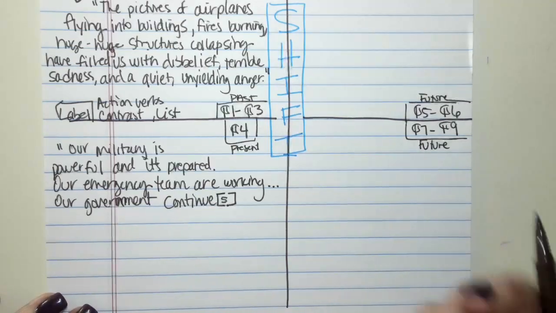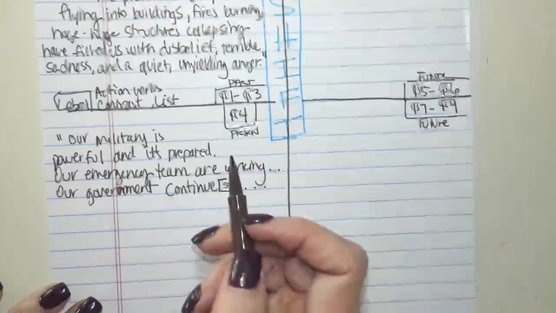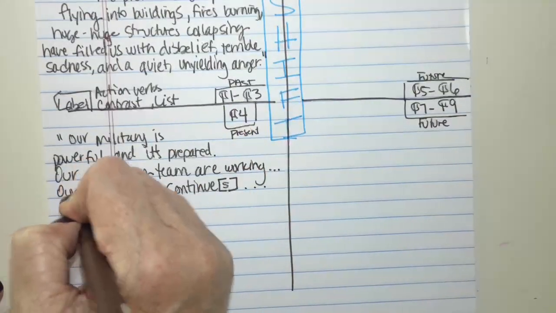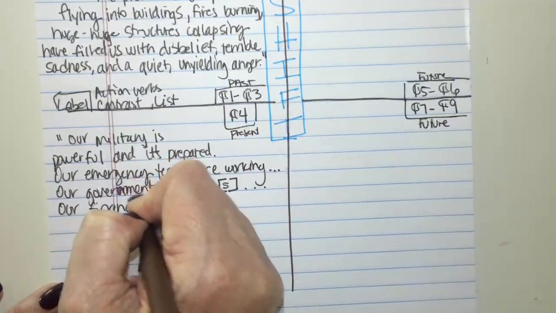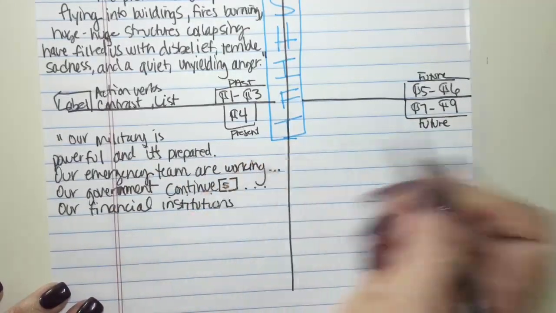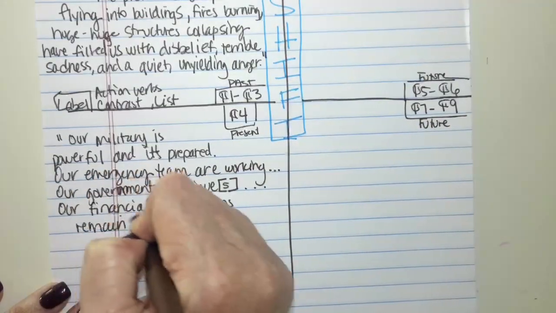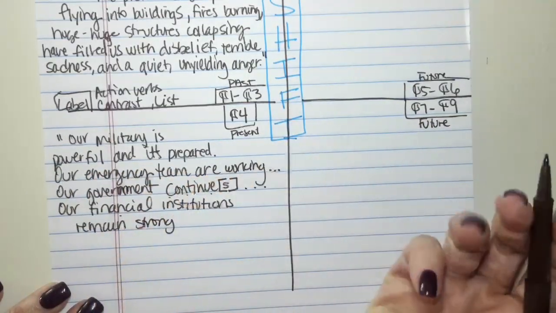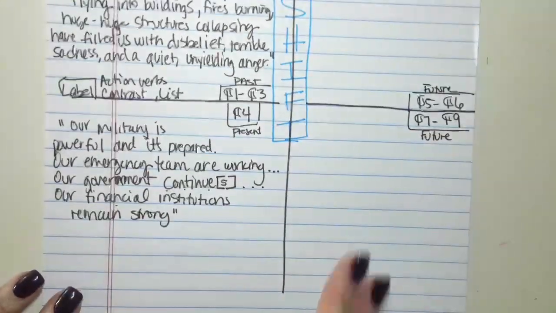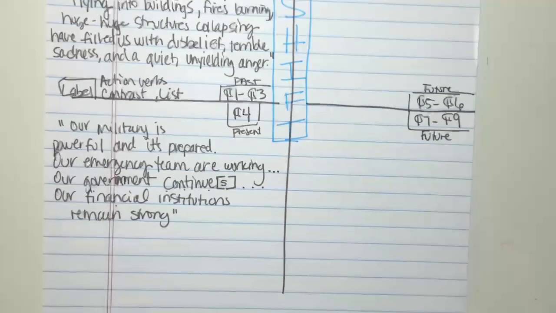Our government continues, ... and then I'm going down to our financial institutions remain strong. I don't have to do a ... afterwards because I'm going to end up paraphrasing something at the end of that.